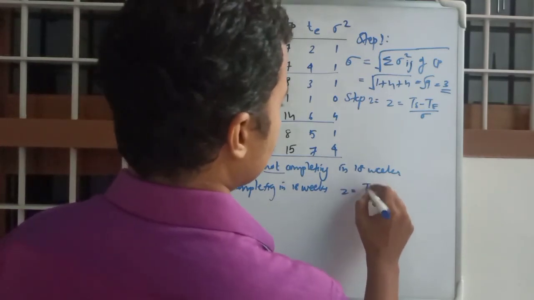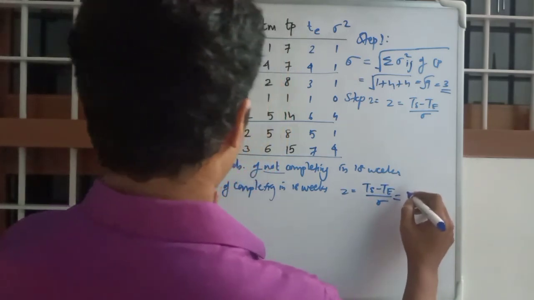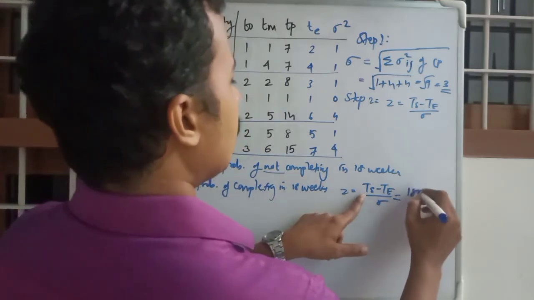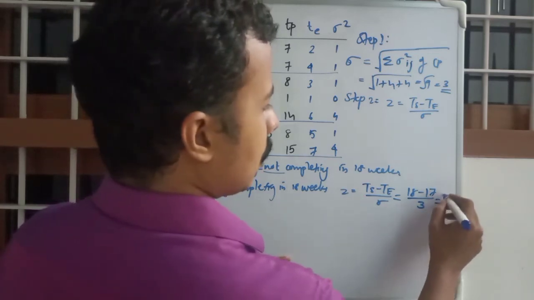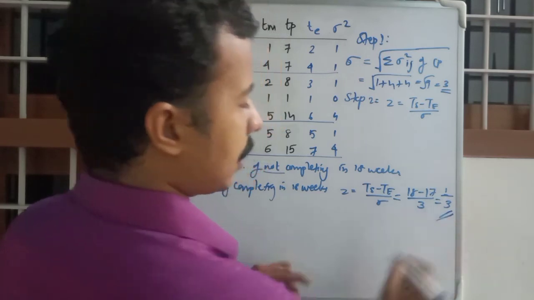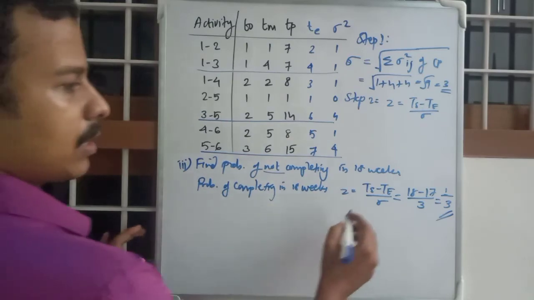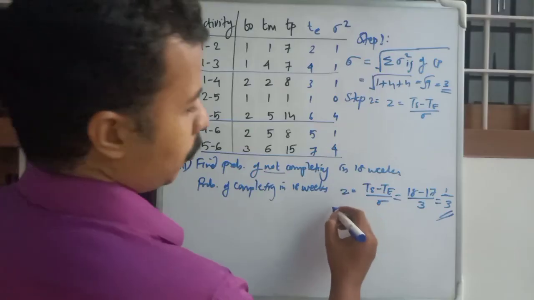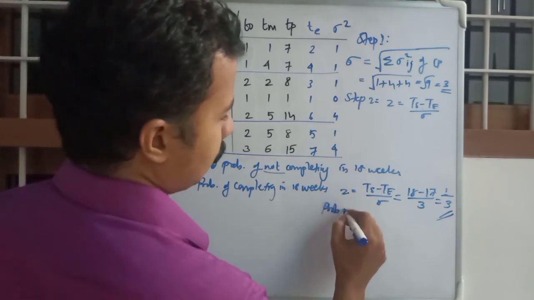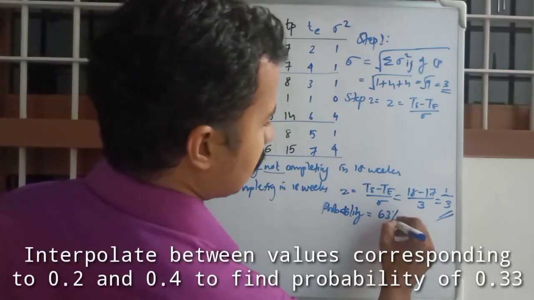Z is equal to Ts minus Te by sigma, that is equal to 18 minus 17, sigma is 3, that is 1 by 3. 1 by 3 is the Z value, and from this Z value you calculate the corresponding probability, which is 63%.